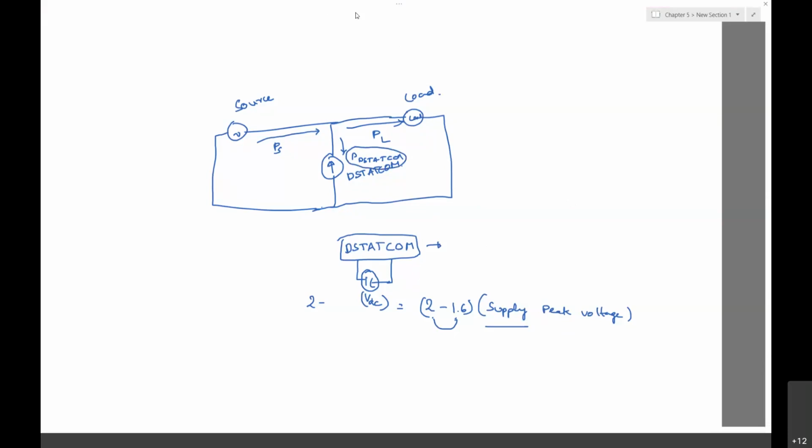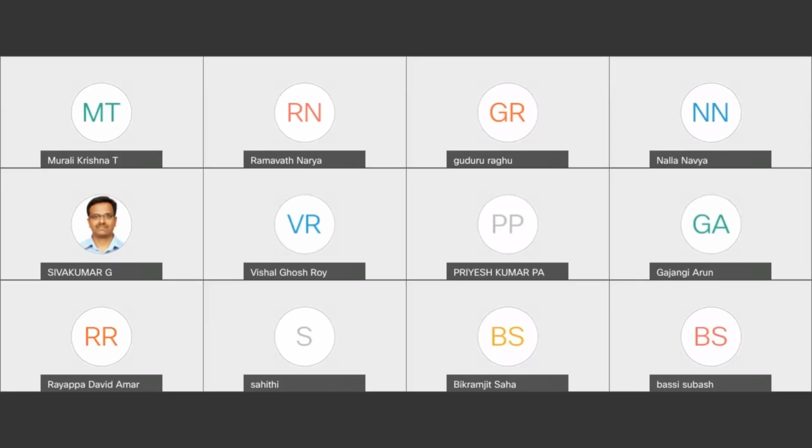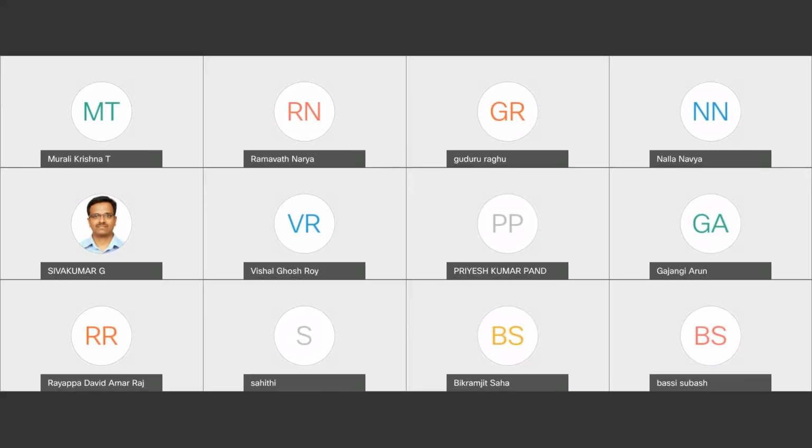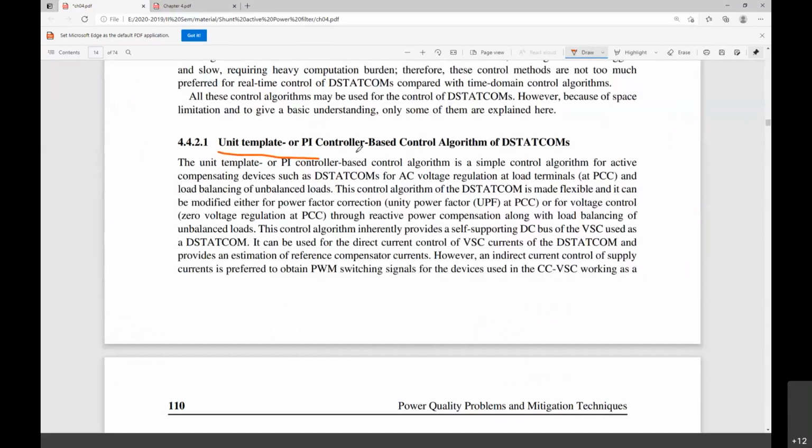Based upon that, they have developed a theory in controlling the DSTATCOM. What exactly is it? This is a unit template or PI controller based control algorithm of DSTATCOM.